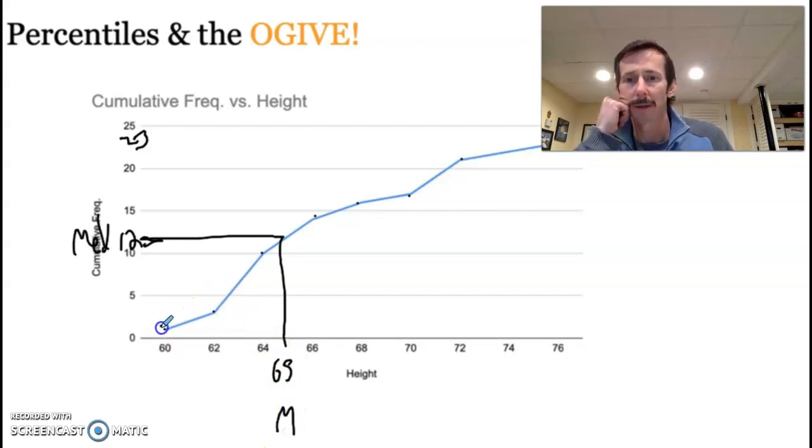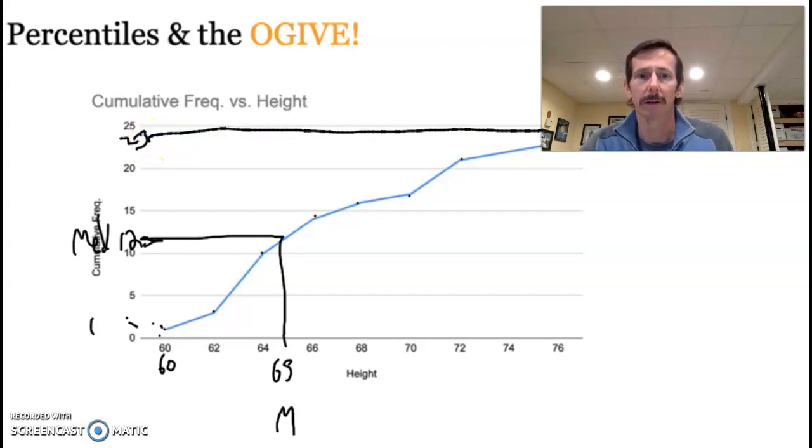I know my min is right here, and that looks like it's at about 1, and that's at 60. And I know my max was up here, and again, if I go all the way across and come down, that is at 76.